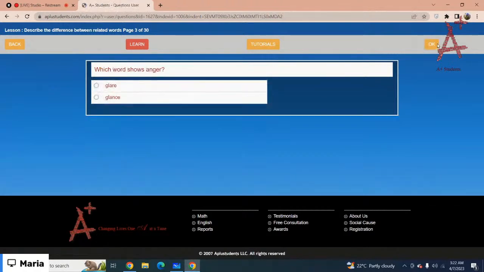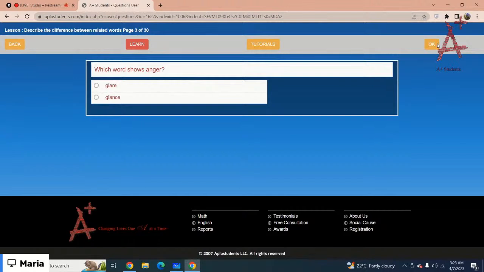Okay, the next one is which word shows anger, glare or glance? Which is the correct option? Yes, the anger means glare.